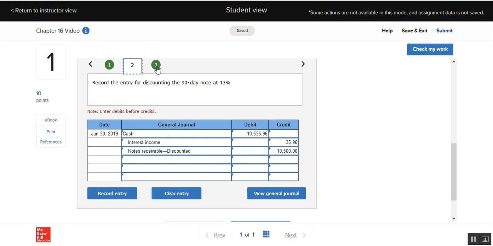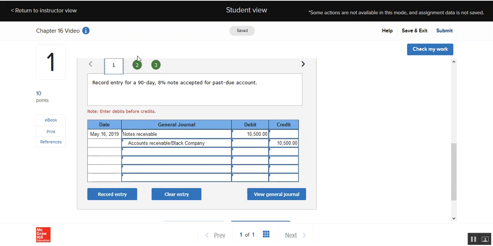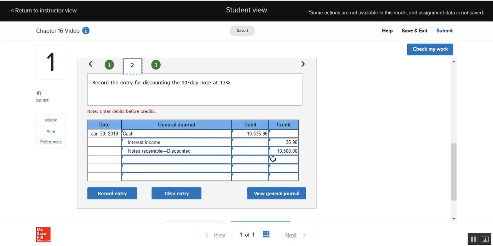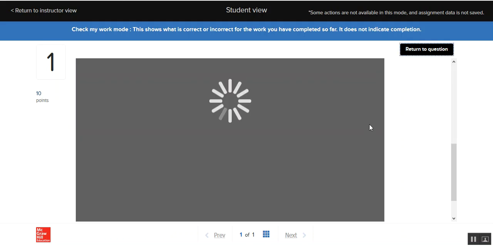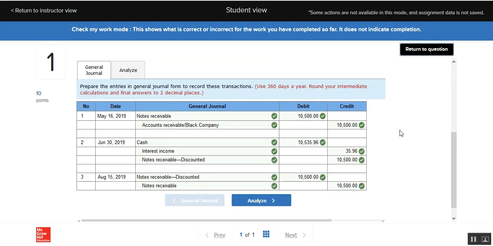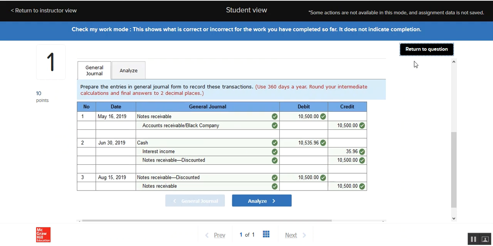So one was a debit, one was a credit. We're getting rid of both of those. So the amount that we're going to record for those is the amount that's actually written on those notes, and it's also the amount that we recorded here in step 1 and down here in step 2. So we're just wiping those off the books. So $10,500 comes off. And this is what we should have, something like that.